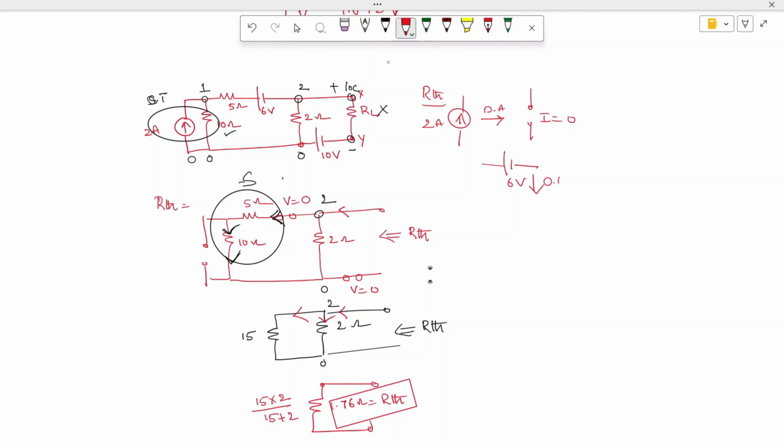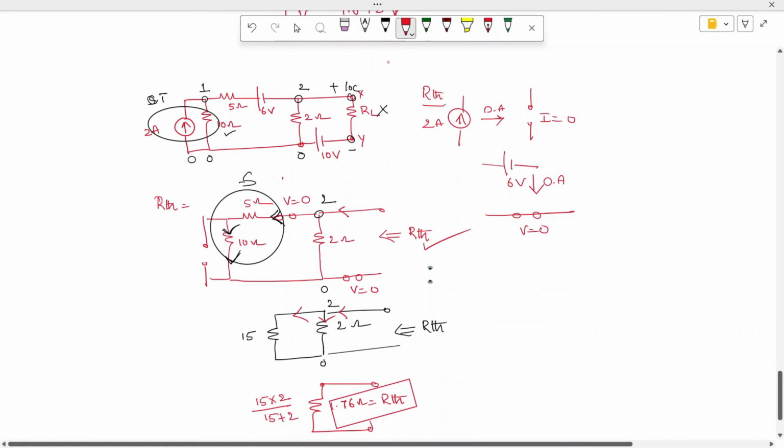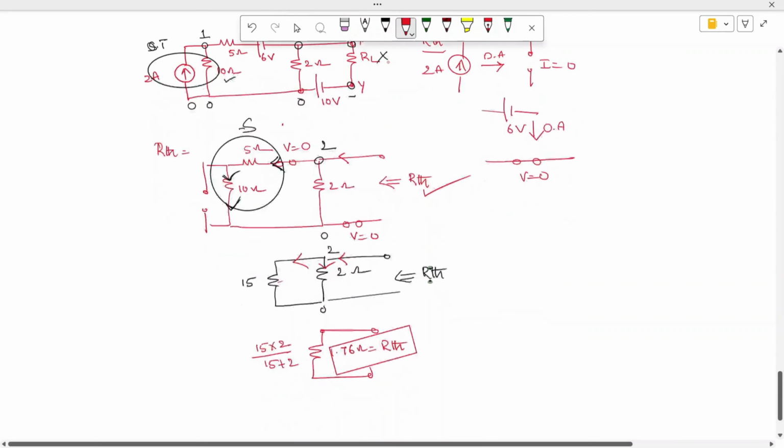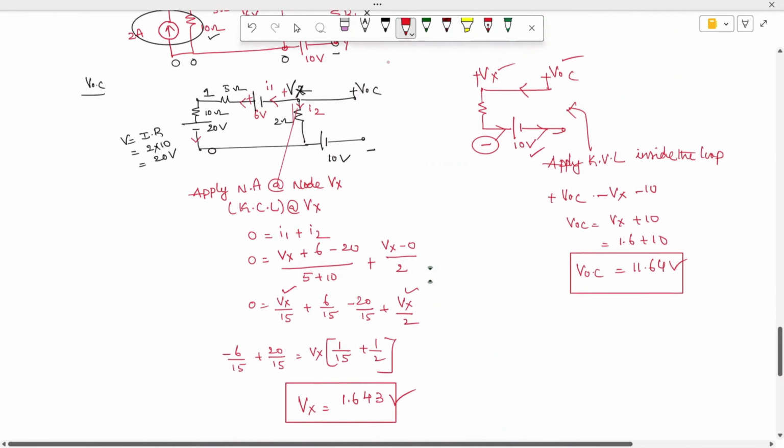Deactivating this 6 volt source is indirectly making that voltage 0. That's why this voltage source is short circuited, and this voltage source is also short circuited. And the resistance seen from the open circuited load terminal will give us the value of R Thevenin. Then I just applied this, these two are in series, and I have got 15, and again these two are in parallel. So I got the value of 1.76.